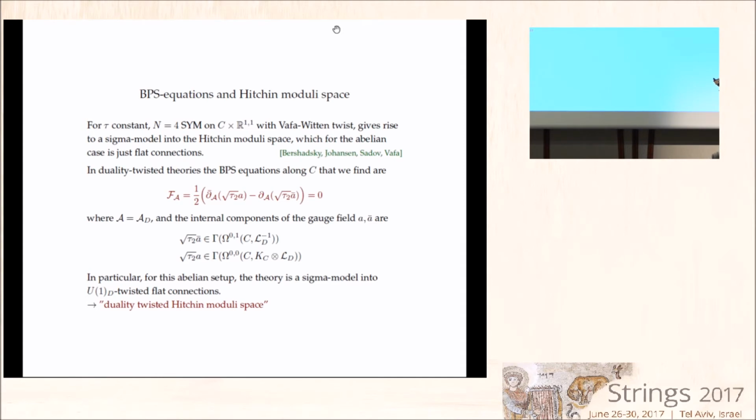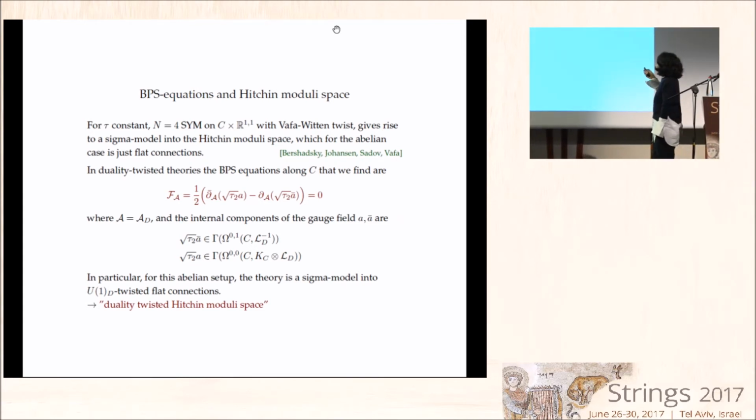Here, A and A bar are the components of the gauge field along the curve, and they are sections of omega 01 on the curve, but twisted by this duality bundle. And so the equation becomes this sort of an equation. In fact, it's not the standard flatness condition for the connection, but something that's twisted by this LD bundle.